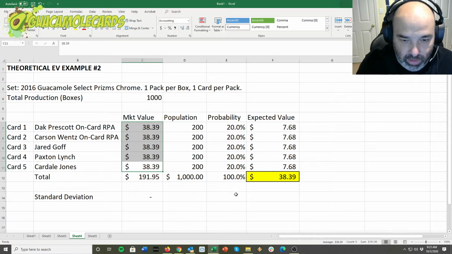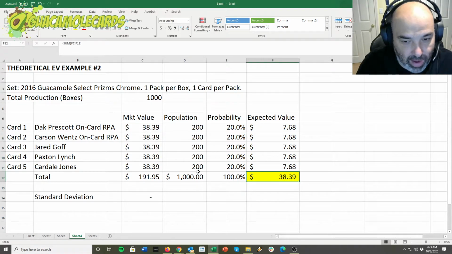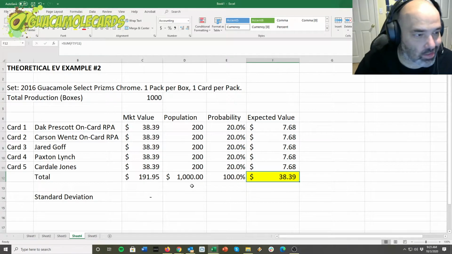You should be willing to pay $38.39 for that box because you have a 100% chance of getting that back. Your expected value is the sum of the probability of each of these cards times the value of those cards. But who wants to buy this, right? Unless you're just a collector, right?